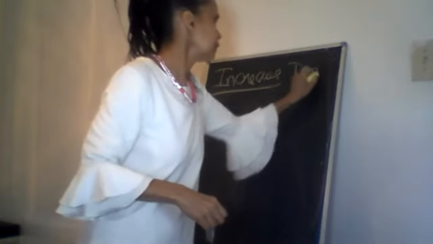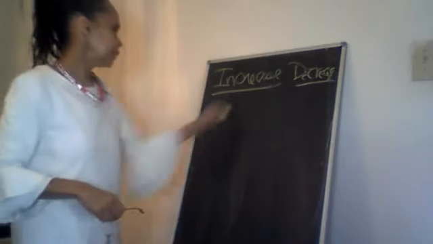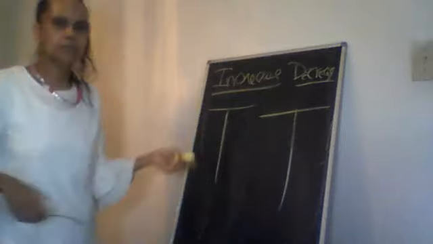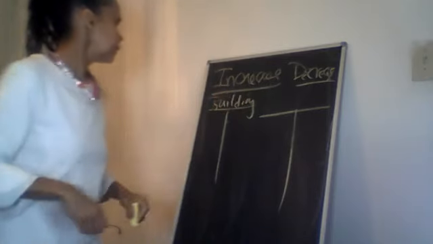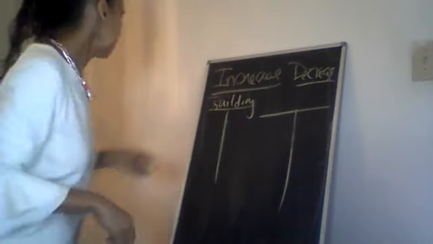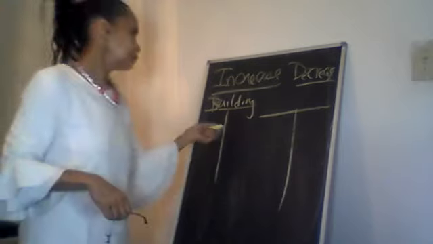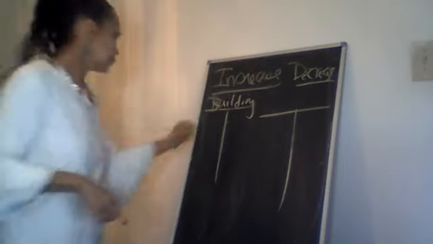So we can increase one asset and decrease another. Let's go with building. So I want to increase my building. Okay, say for instance the building is worth 50,000.